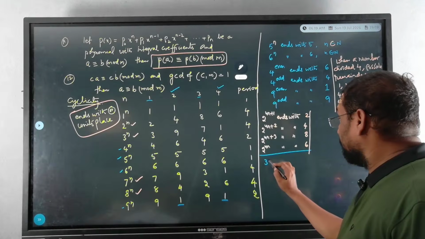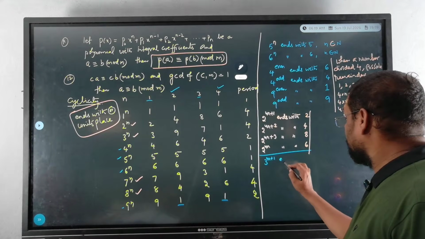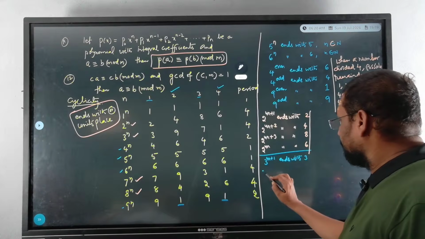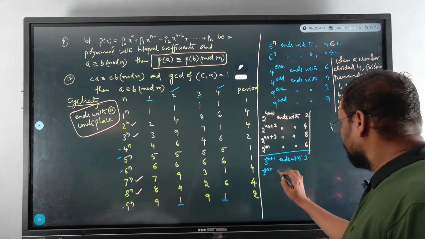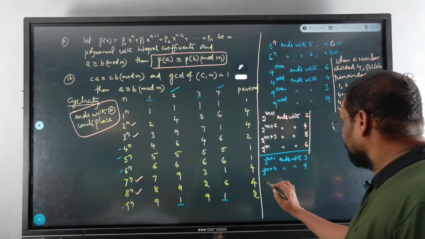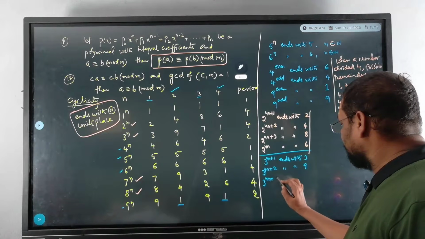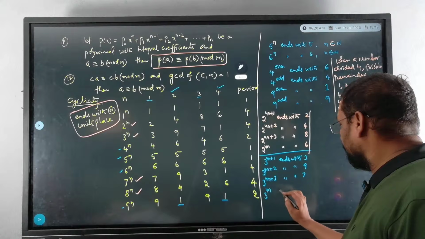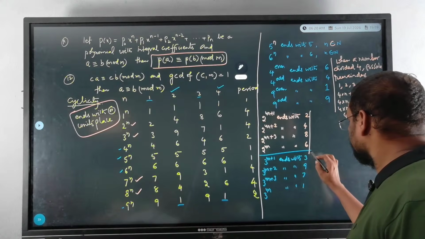Next, 3 power 4n plus 1 ends with 3. 3 power 4n plus 2 ends with 9. 3 power 4n plus 3 ends with 7. 3 power 4n ends with 1.